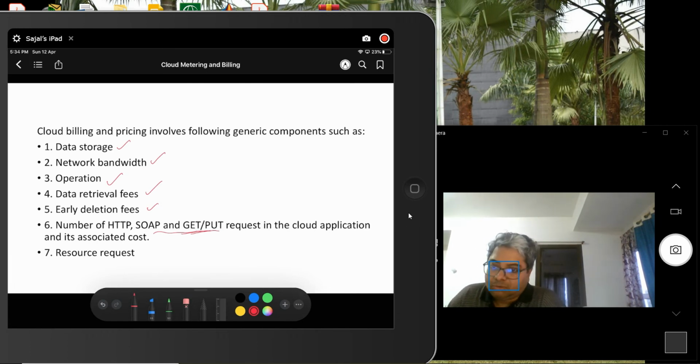So how many SOAP and REST requests you are making also depends on whether you are making them within your availability zone or out of your availability zone. If it is within your availability zone, the entire cost is free.